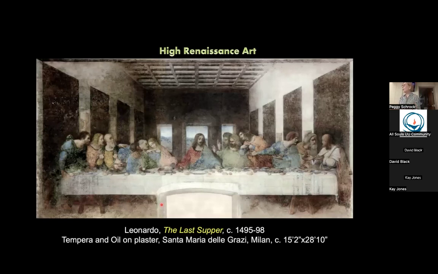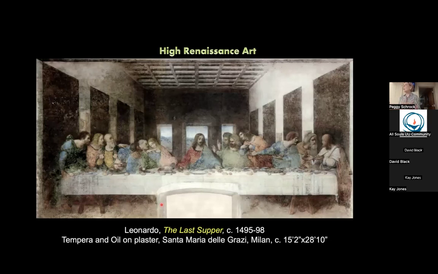You don't really notice right away how awkward it is because he has them individually placed and grouped in natural groupings. He's also lucky because it happens to be a perfect number, 12 apostles and Christ in the center. You can't come up with a better number of people to organize for a number of reasons, and we'll talk about that in a minute.